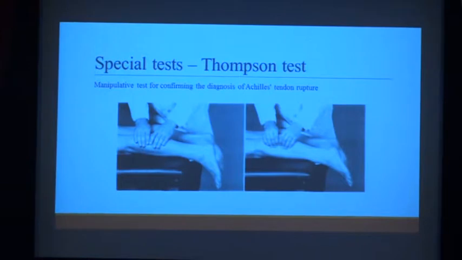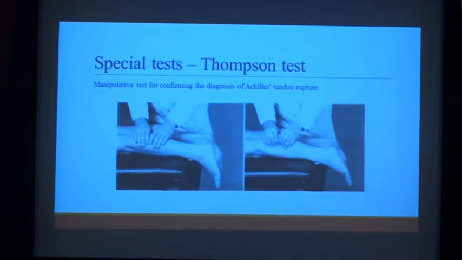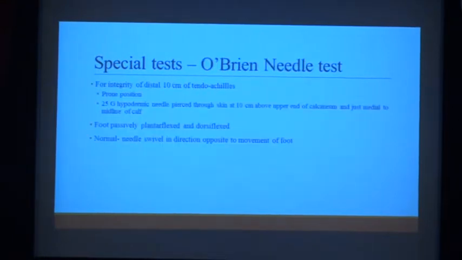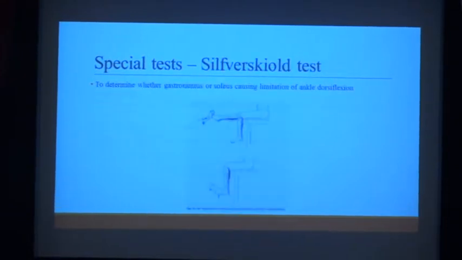When compressing the calf muscle, the foot should go into plantar flexion. In absence of that, we will say that there is a tear of the Achilles tendon. A needle test is also described, but which we normally don't do.